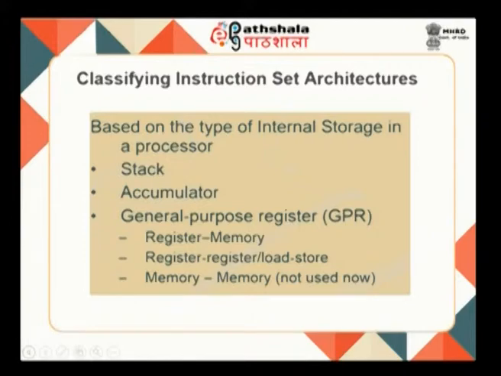In a stack based ISA, we assume that all operands are available on the stack and you operate on the top two elements of the stack. So, you do not have to specify what the two operands are. Simply if an instruction like add is specified, it assumes that it is going to add the top two elements of the stack and push the result onto the stack.